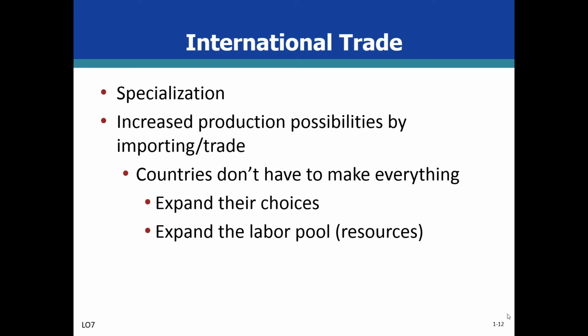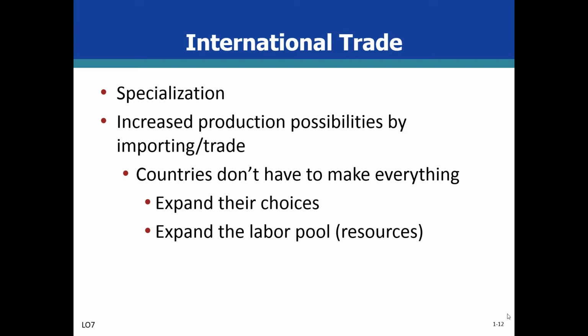Up until this point, we have considered a production possibilities curve that only has domestic production. We've basically looked at a self-contained domestic economy. With international trade, an economy can expand its production possibilities curve and have the opportunity to specialize in what they do best, or where they have a comparative advantage.